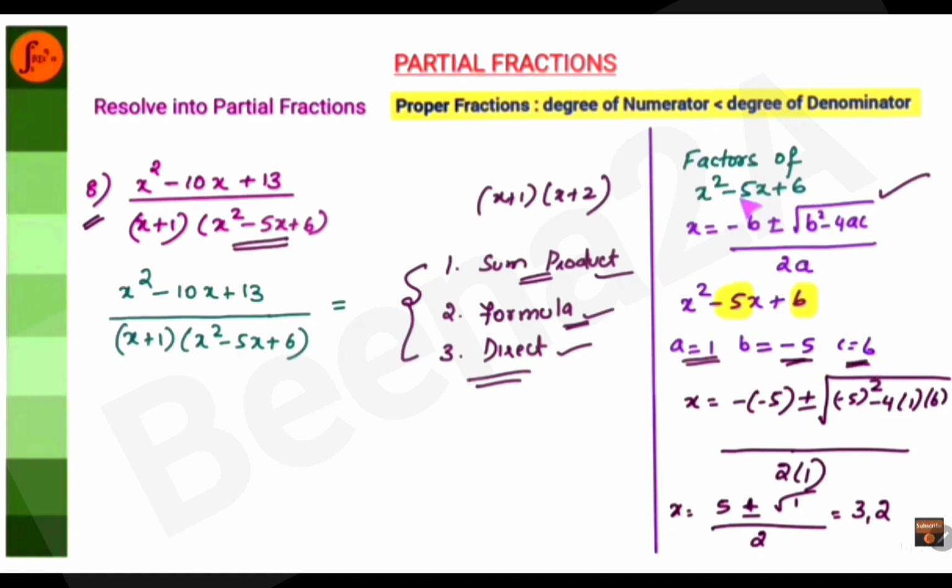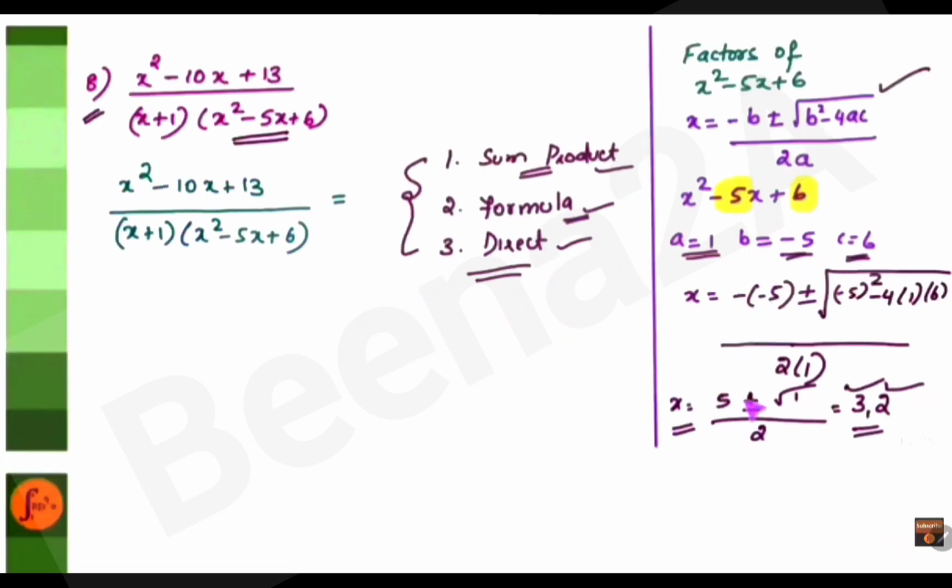So we'll have to take the signs also. Take these coefficients, substitute in this formula, and then you'll get two values of x. One is when you use plus, and the other one is when you use subtraction, right? So you'll get two values, 3 and 2. The way we have to write these factors is, here we have got directly x values. So we've got x is equal to 3 and x is equal to 2.